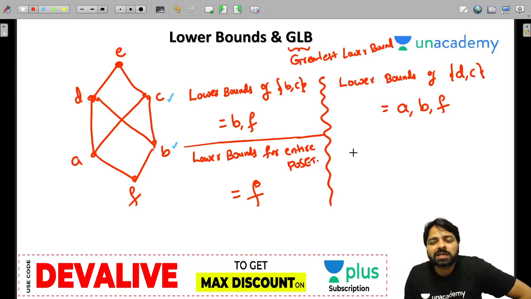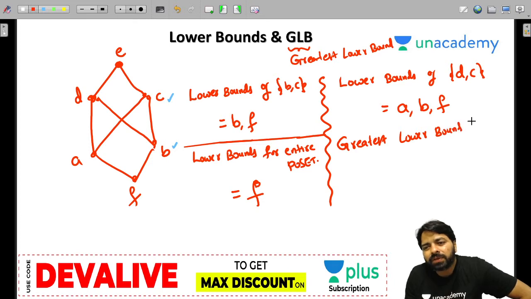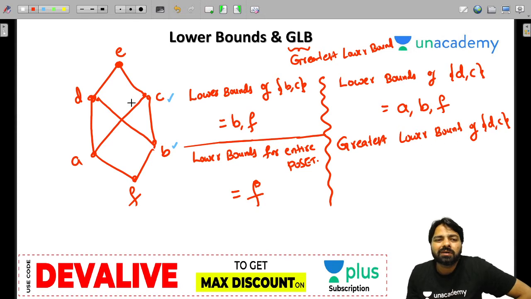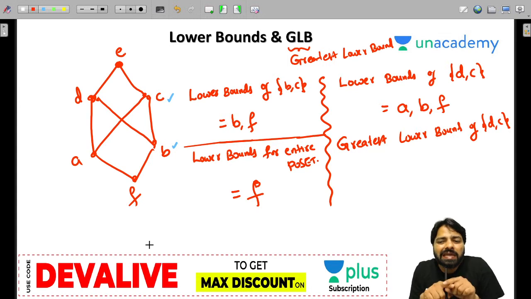Now the question is, what is the greatest lower bound? Greatest lower bound of, let's say, D comma C. For D comma C, who is the greatest lower bound? See, out of A, B, F, focus on only out of A, B, F. Do you have any greatest?